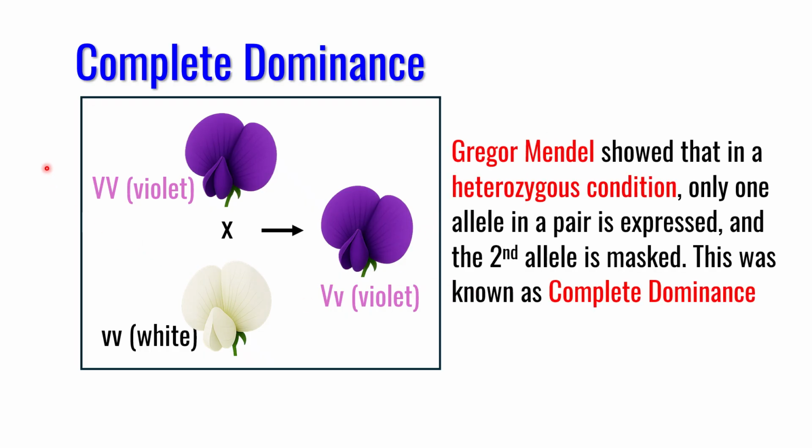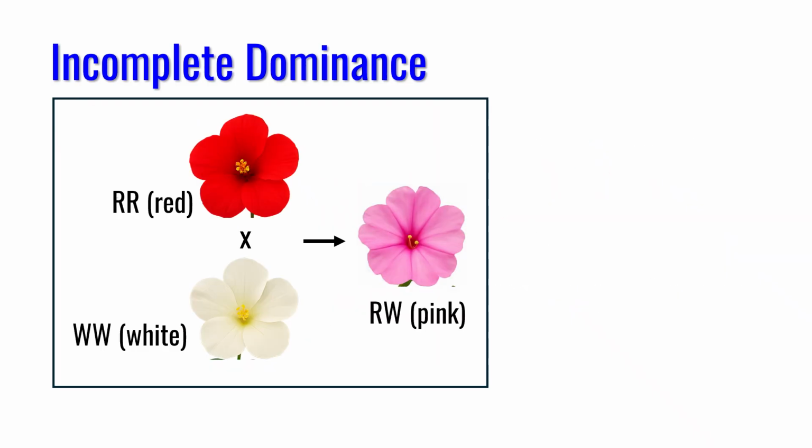Later on, when scientists repeated these experiments using another model system, they discovered incomplete dominance and codominance patterns of inheritance, which I will explain in the next slide. I will explain now incomplete dominance, which was discovered when a cross was made between a pure white flower and a pure red flower of the 4 o'clock plant that produced offspring with pink color flowers.